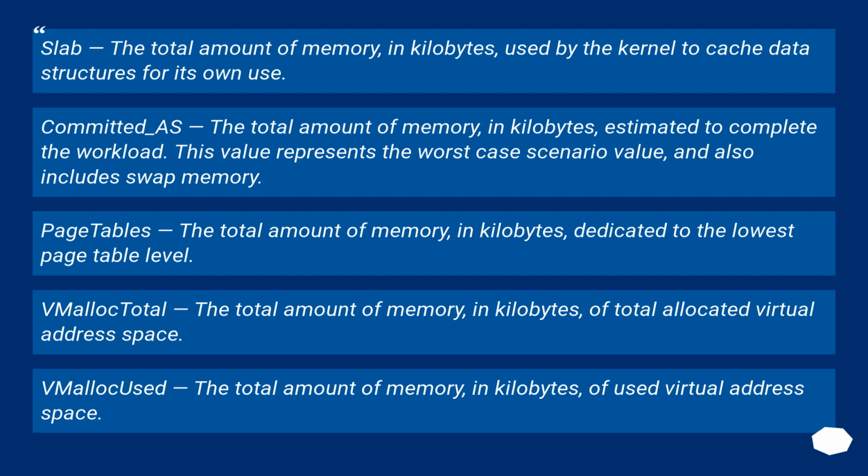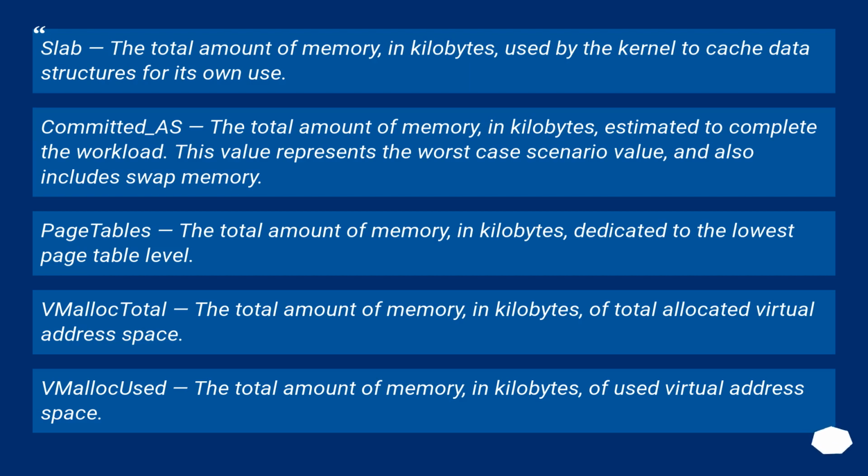Committed_AS, the total amount of memory, in kilobytes, estimated to complete the workload. This value represents the worst case scenario value, and also includes swap memory. PageTables, the total amount of memory, in kilobytes, dedicated to the lowest page table level.